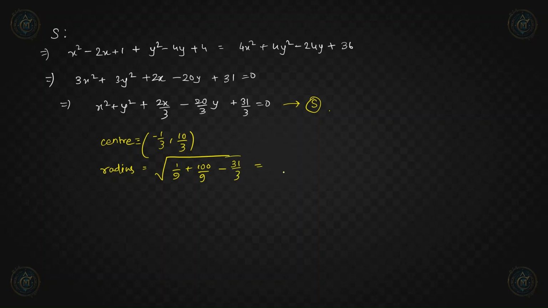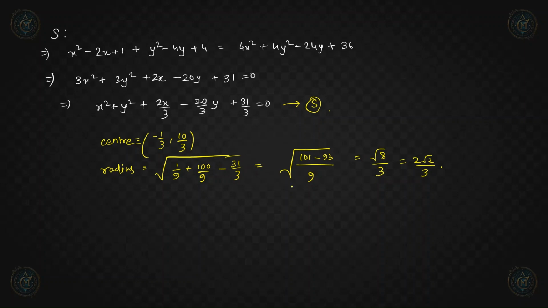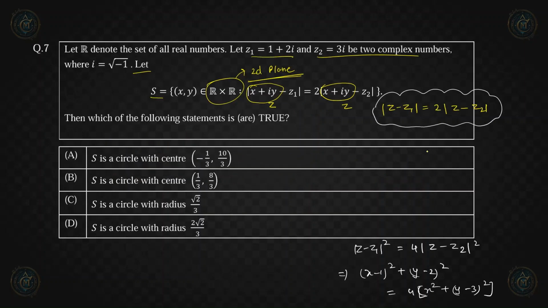That becomes under root of (101 minus 93) by 9, so root 8 divided by 3, that means 2 root 2 divided by 3. So the center is (minus 1 by 3, 10 by 3) and the radius is 2 root 2 by 3. So option A will be correct and option D will be correct.